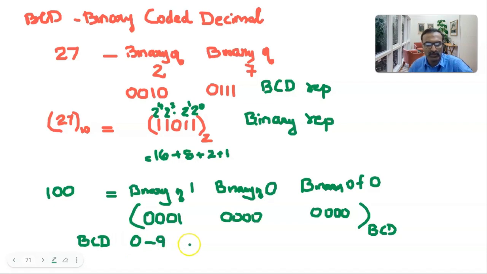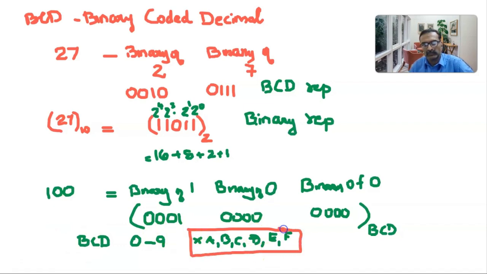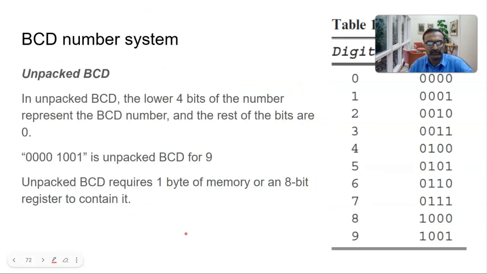You don't have the other symbols A, B, C, D, E, F. These are not used in BCD. In BCD, only 0 to 9 is there. So these are the symbols in BCD that we have written here.